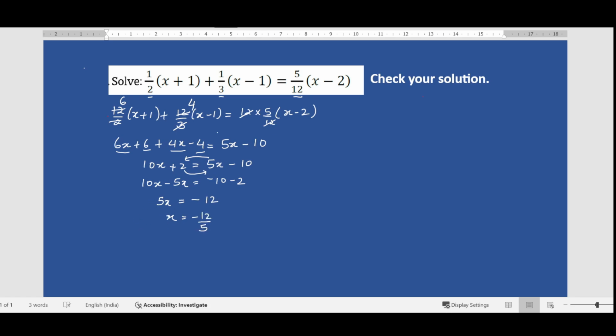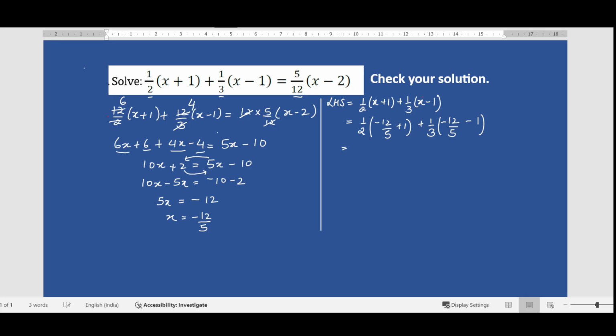Now substituting this value of x in the equation again, we can check our answer. LHS is equal to 1 by 2 into x plus 1 plus 1 by 3 into x minus 1. This is equal to 1 by 2 into minus 12 by 5 plus 1 plus 1 by 3 into minus 12 by 5 minus 1.